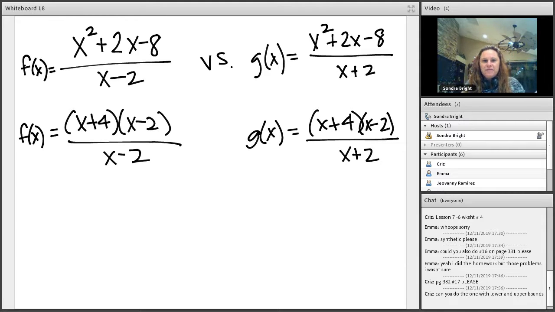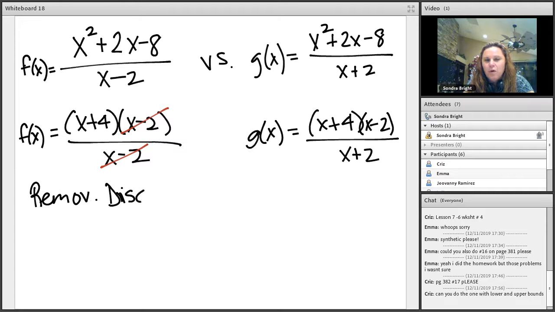So let's compare the discontinuities here. On the first one, do you see that those factors cancel? And so this becomes a removable discontinuity, which remember is that hole, that open dot. It's a removable discontinuity at positive 2, and you figure out the y value by what's left here.